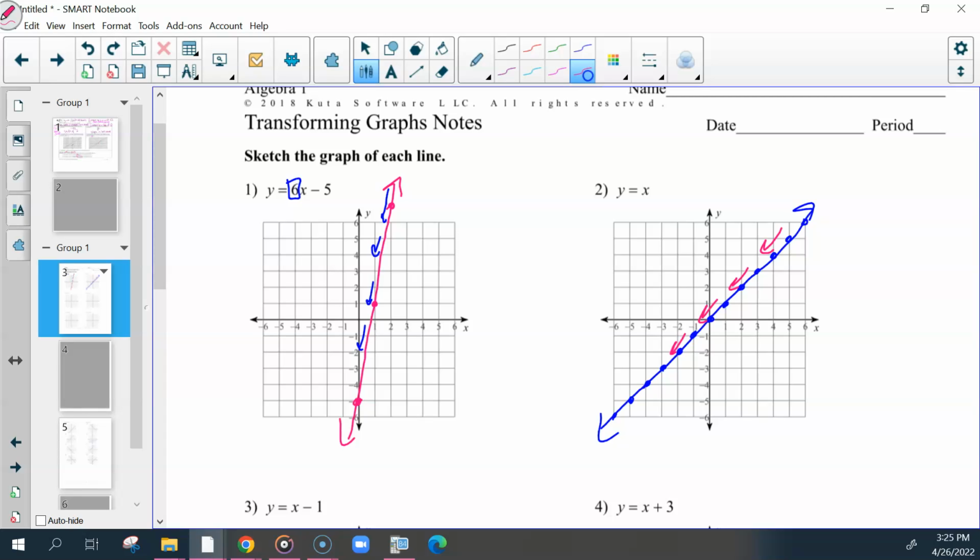Or if you're just looking at the numbers, 6 is greater than 1, so this would be steeper. And then if we're comparing the -5 to our y-intercept of 0, it has moved down 5 to where it was. So that would be a shift down 5.